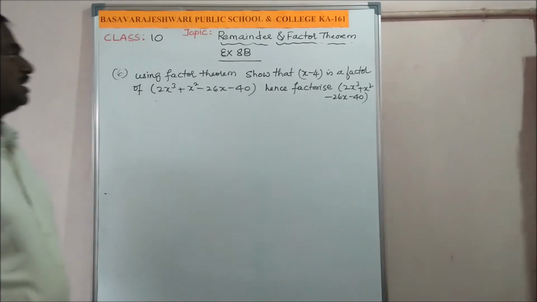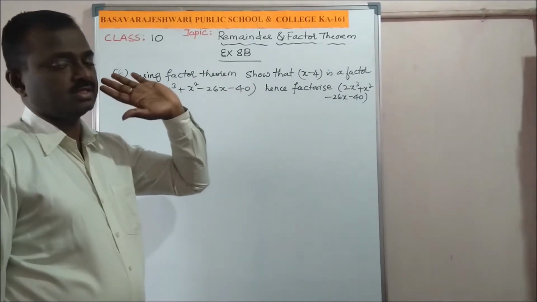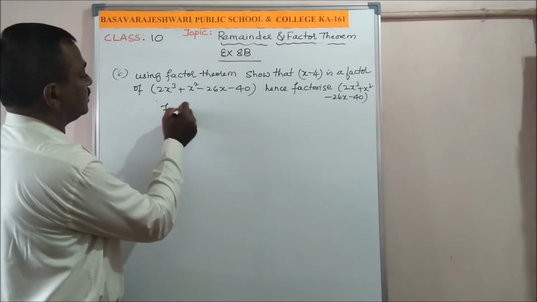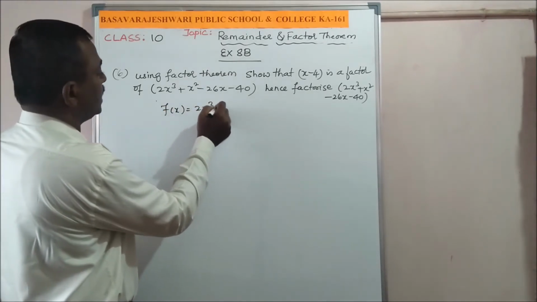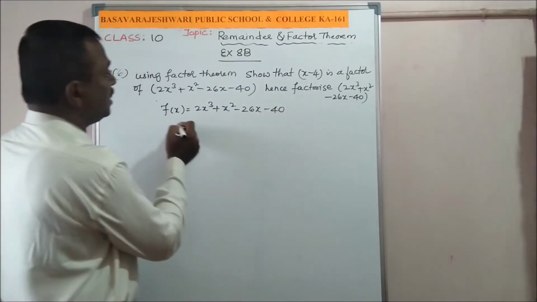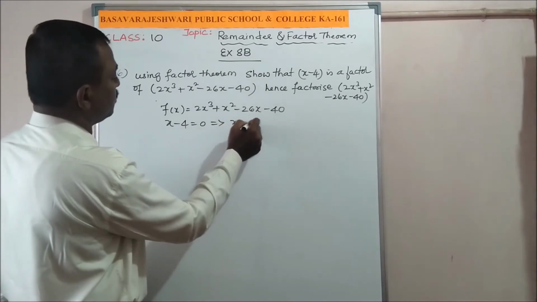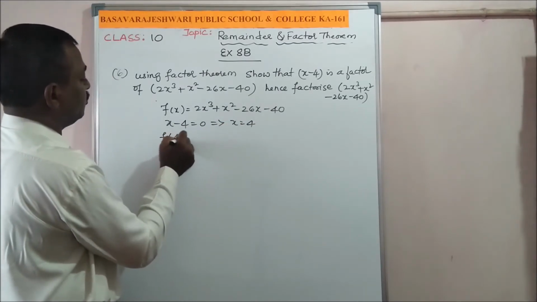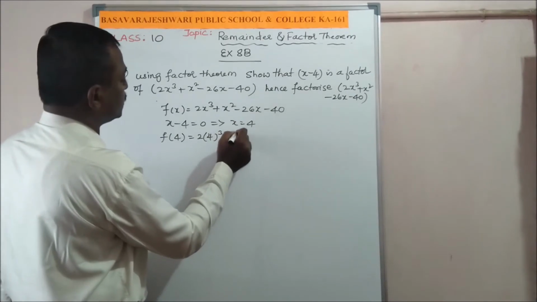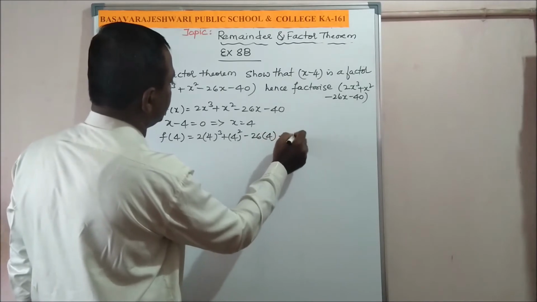Using the factor theorem, show that x minus 4 is a factor of this, and hence factorize completely. So f of x is equal to 2x cube plus x square minus 26x minus 40. What factor is given? x minus 4 is equal to 0. This implies x is equal to 4. So f of 4 is equal to 2 into 4 cube plus 4 square minus 26 into 4 minus 40.